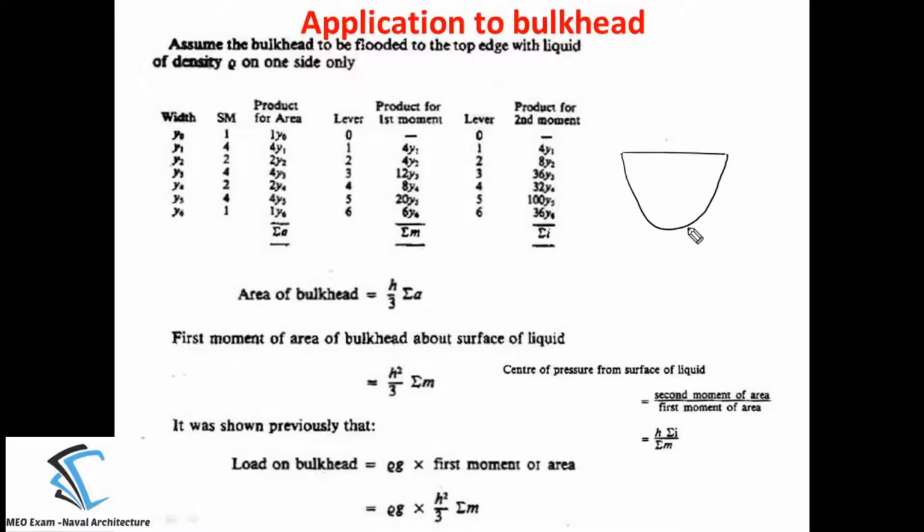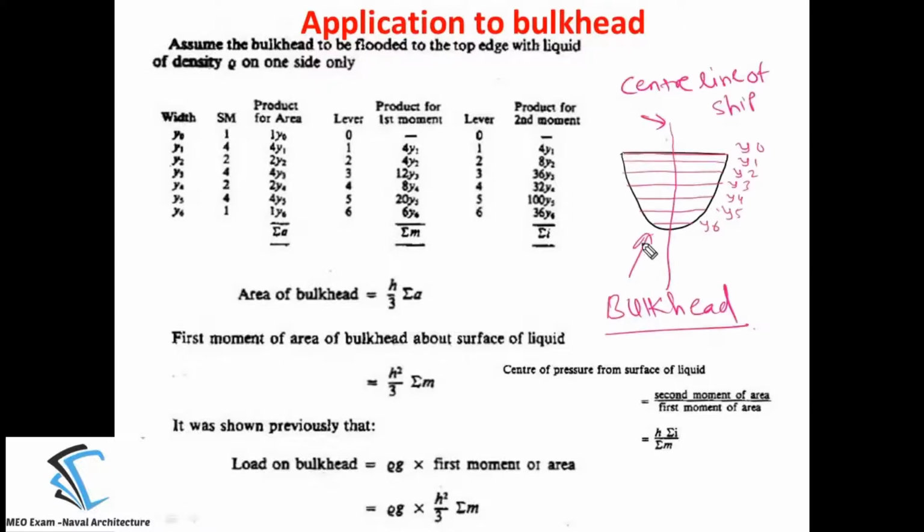So how to proceed for this? This is one of the bulkheads, and you can see this is the center line of the ship, and the horizontal lines you can see are the widths of the bulkhead from the top of the bulkhead to the bottom of the bulkhead. So those widths we are calling y0, y1, y2, y3, y4, y5 and y6.